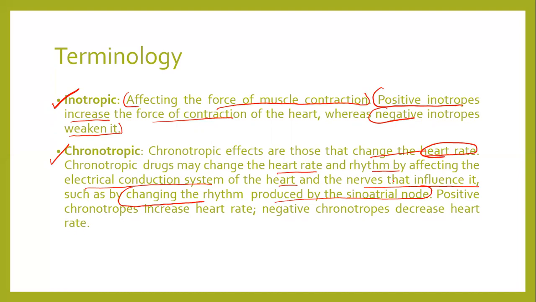If we slow down the pace at which it generates the impulses, the heart rate will also reduce. If we increase the pace at which the sinoatrial node generates the impulses, then we will increase the heart rate. So the positive chronotropes increase the heart rate, and the negative chronotropes decrease the heart rate.